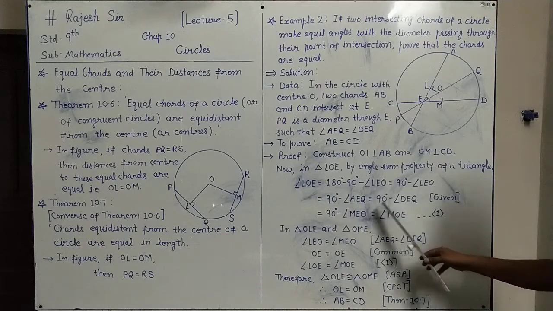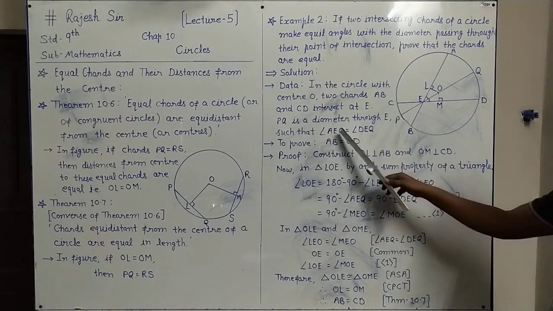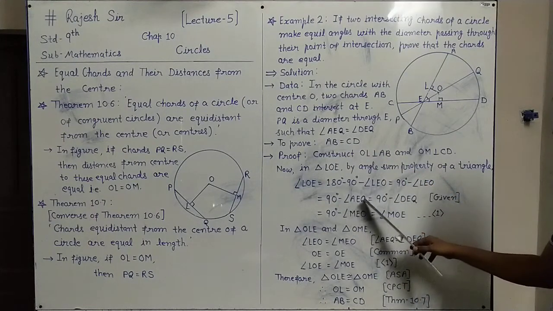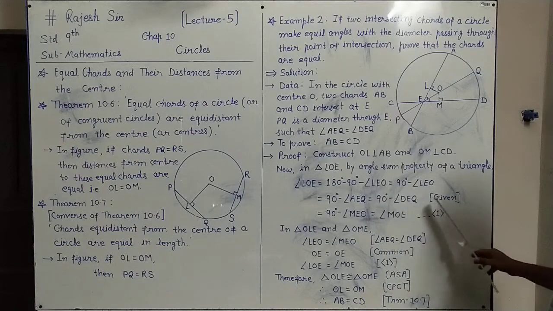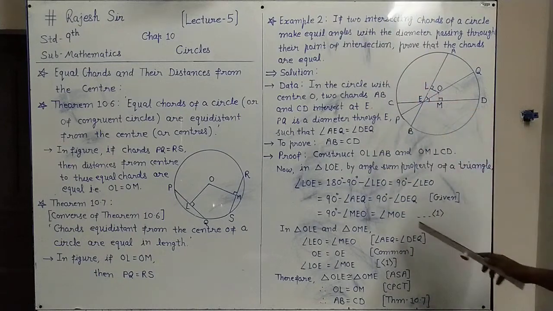Now that equals 90 degrees minus, as angle AEQ equals angle DEQ, so in place of angle AEQ we can write angle DEQ because it is given in the question: equal angles AEQ equals DEQ.